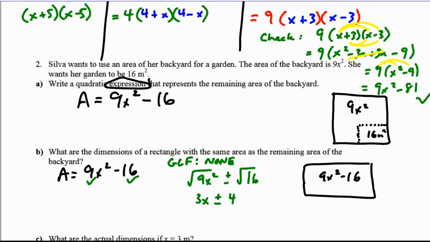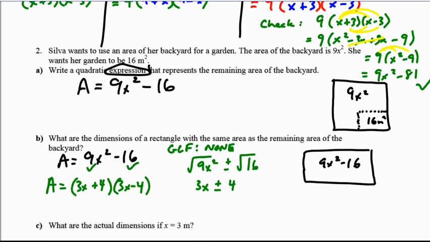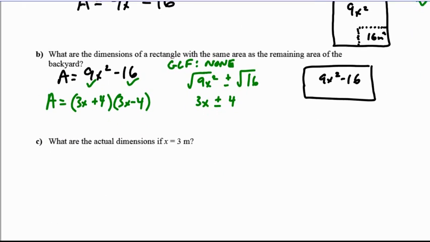So we can then take this and say area equals, and make 2 brackets. The brackets are going to be these numbers: 3x plus 4 and 3x minus 4. And that's it. That's our expression. So 2 binomials to be put in. That's our dimensions.